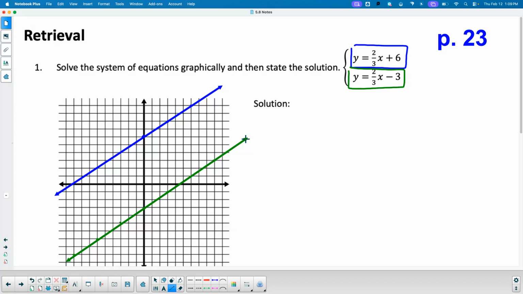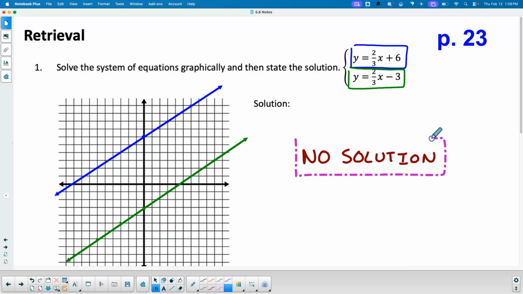Do those lines intersect? No, those lines do not intersect, so therefore there is no solution. And that would be the answer.